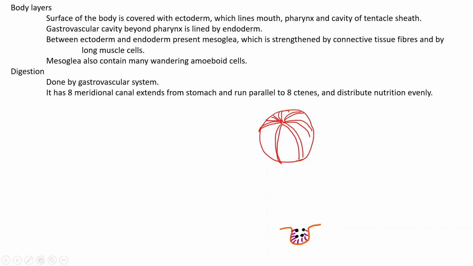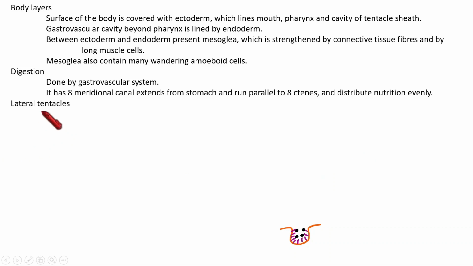So 8 teens are there, and parallel to that run the stomach canals that emerge from the stomach. Because of the help of those canals, all the nutrients can distribute effectively throughout its body.